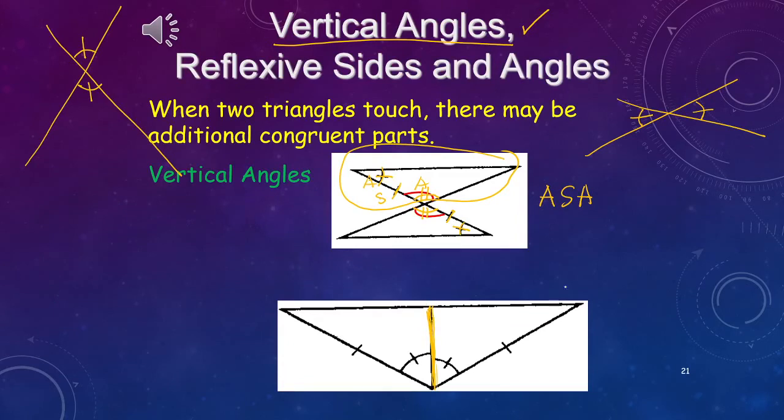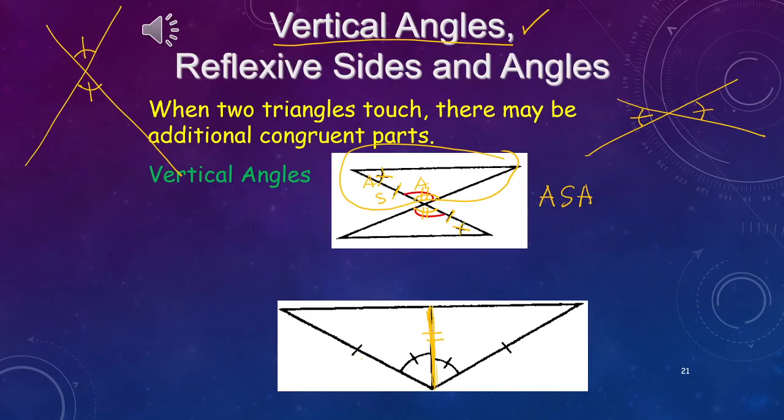This one is also a side of the other triangle. And they are congruent. That's what you call reflexive property. It is congruent to itself. So I can put the symbol of congruence.